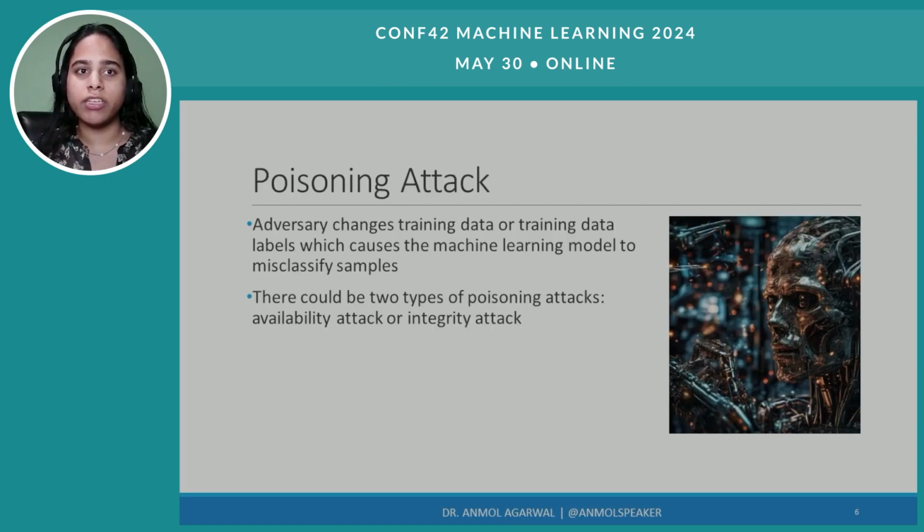The first kind of attack we're going to talk about is the poisoning attack. This is when an adversary changes the training data or training data labels, and that causes the machine learning model to misclassify samples. There could be two types of poisoning attacks: an availability attack or an integrity attack.